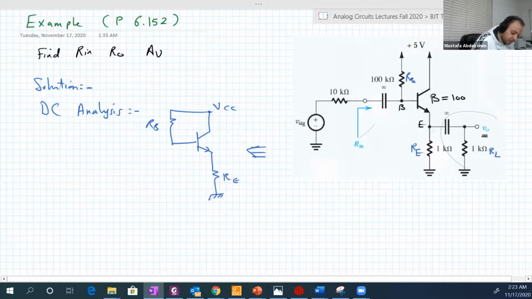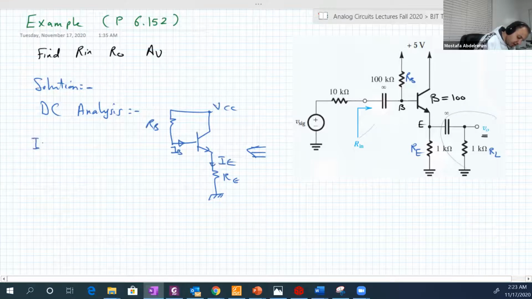Yeah, and that's it. So IE from that loop here. Let's do it, not to confuse you. What's flowing here is IB, and what's flowing here is IE.